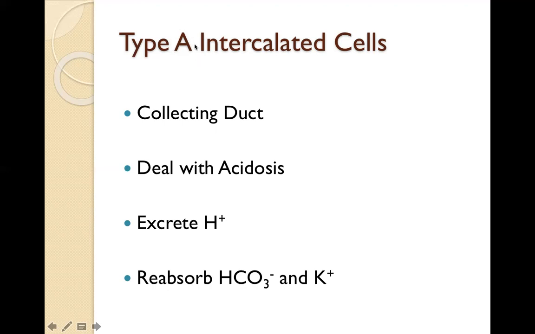Type A intercalated cells, the A stands for acid. So it deals with acidic states. And this type of cell is going to allow for the excretion of protons, while at the same time you are increasing the reabsorption of bicarbonate and the reabsorption of potassium.